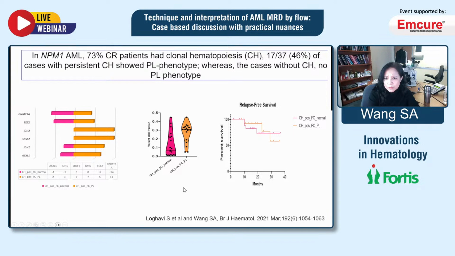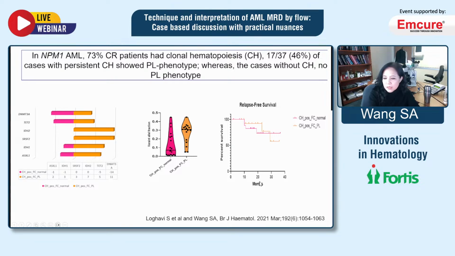Recently we summarized another setting, outside of NPM1, and showed a similar phenomenon, very common with IDH2 and SRSF2 mutations, high VAF, and also does not affect leukemia-free survival, but it did affect overall survival. So we think these patients with the PL immunophenotype probably had high-risk clonal hematopoiesis or low-grade MDS in the background.